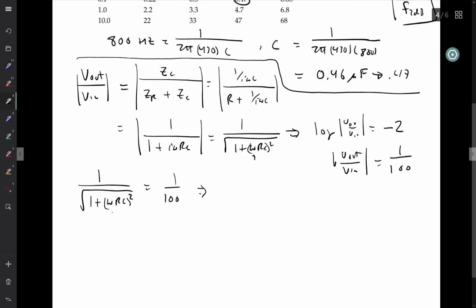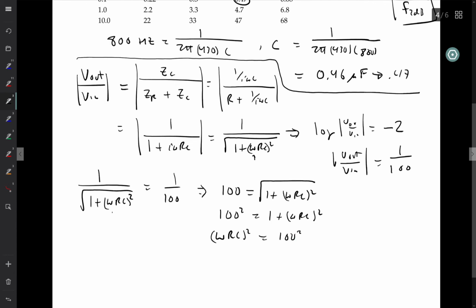So let's just follow this through. I will have that 100 is going to be equal to the square root of 1 plus omega RC quantity squared. I can square both sides: 100 squared is equal to 1 plus omega RC quantity squared. I will then have omega RC quantity squared equal to 100 squared minus 1, which for all intents and purposes is pretty close to 100 squared.